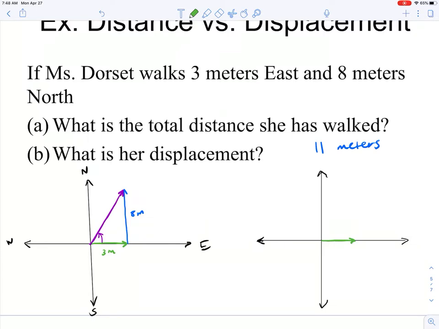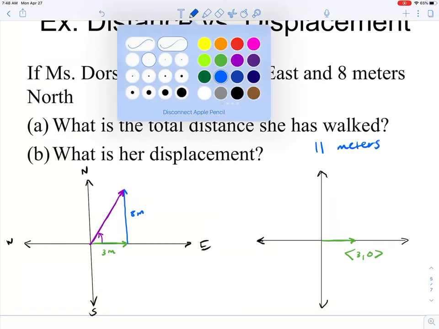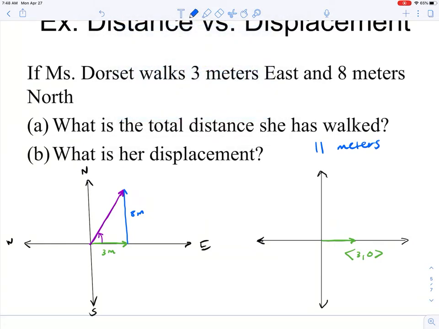So we already have that first vector that has a magnitude of 3 meters and is pointing in the east direction in standard position, right? So this first vector in component form would be 3, 0. And then the vector that represents walking 8 meters in the north direction, we could move that to be in standard position.